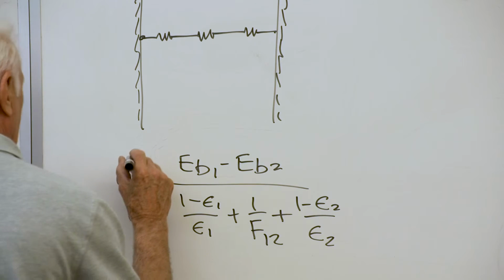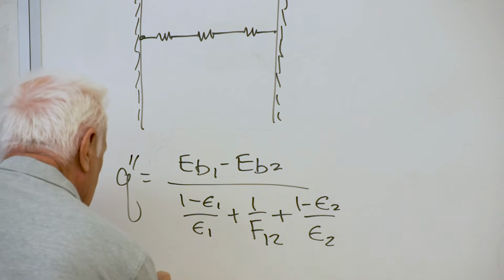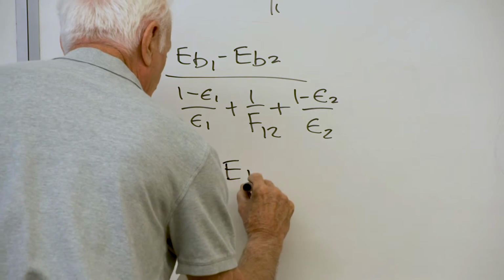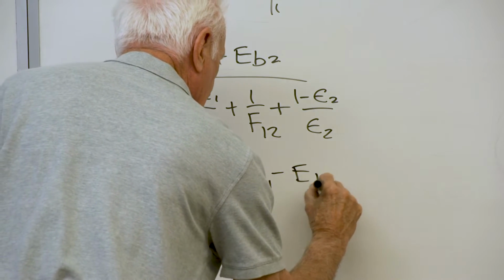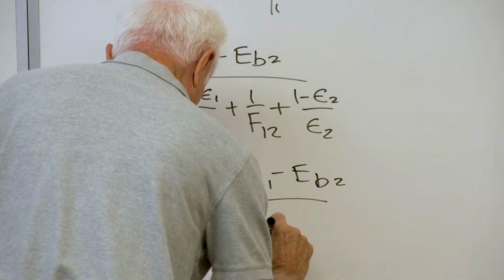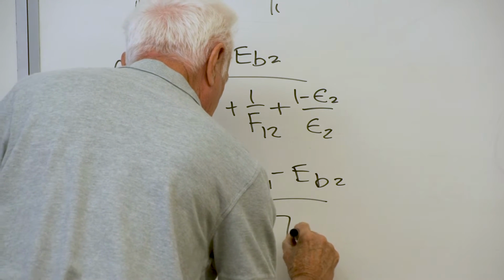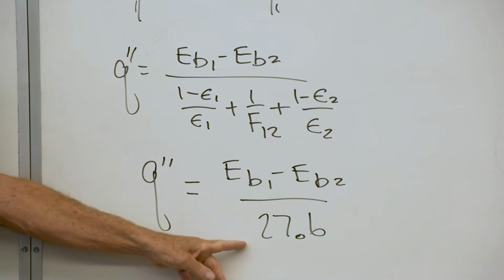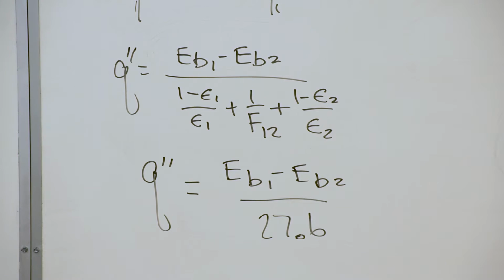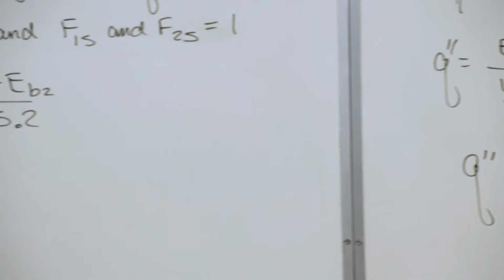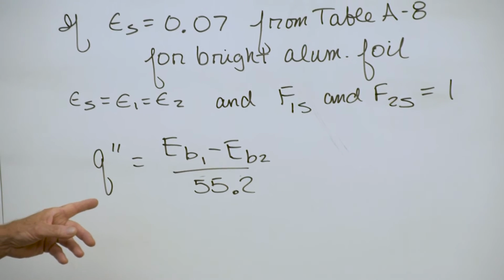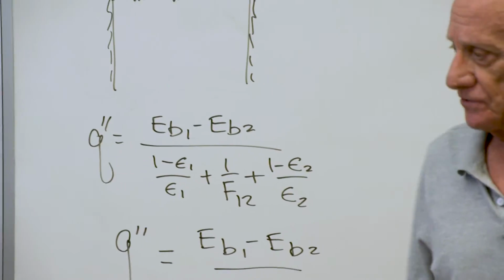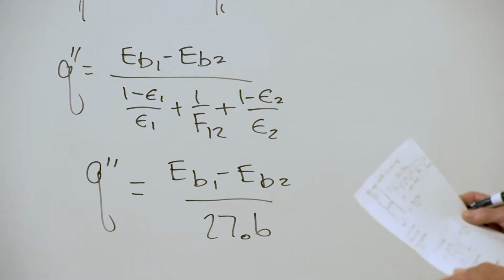If you put the numbers in for this, you get Q double prime, those 3 resistances add up to be 27.6. Over here, the 6 resistances add up to be 55.2. So you can see the big change. It's a 2-to-1 change. You cut the heat transfer down by a half.